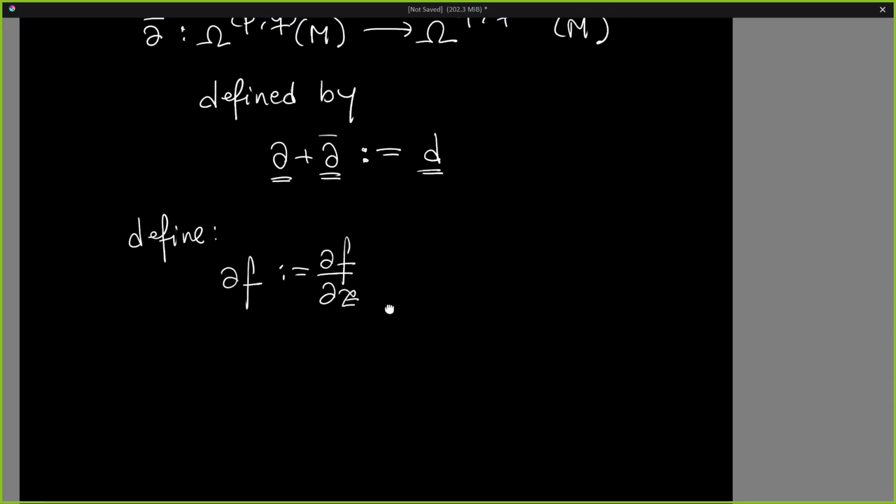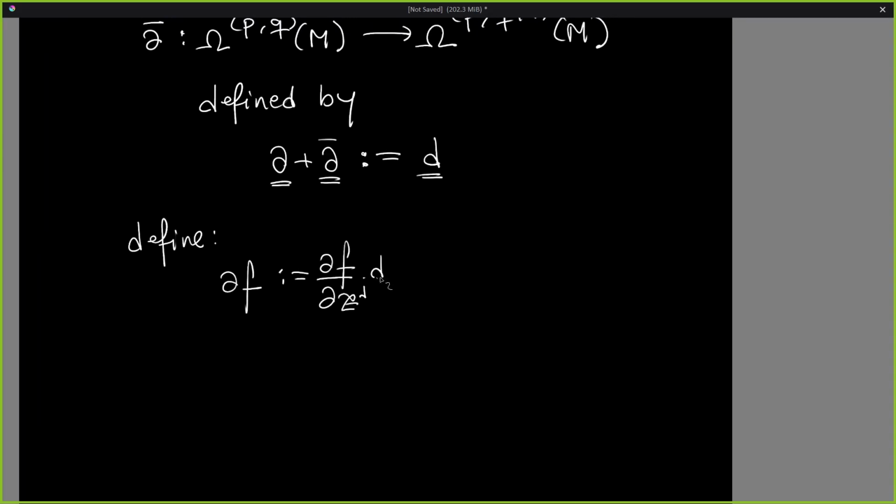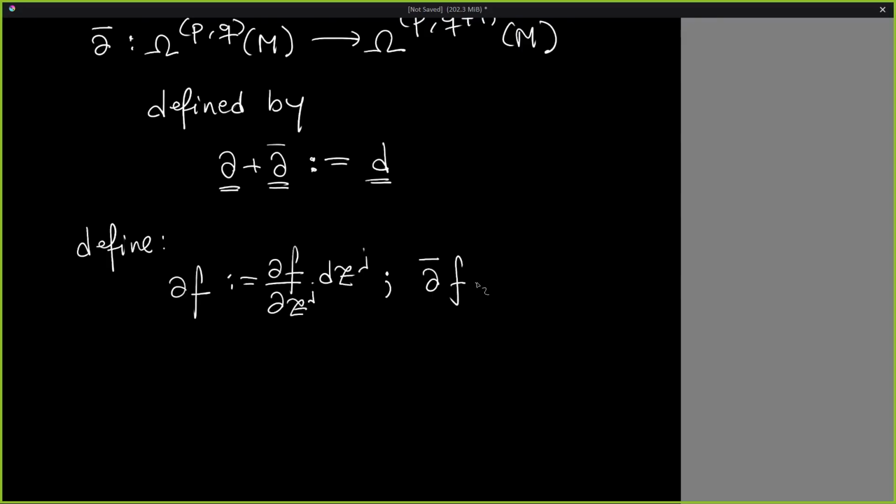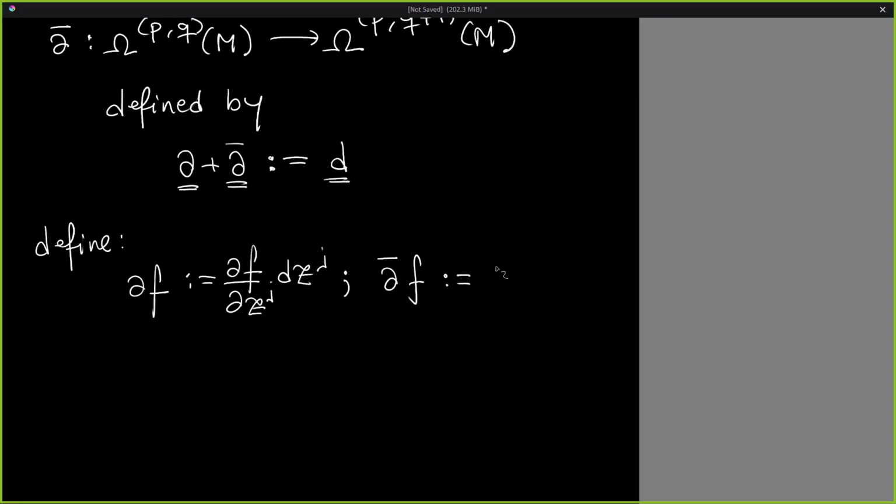There's too many partials right now. The partial of f is the sum of partial f over partial z j dz j, and the adjoint Dolbeault operator, maybe that's a better name for it, is partial f over partial z bar j dz bar j.